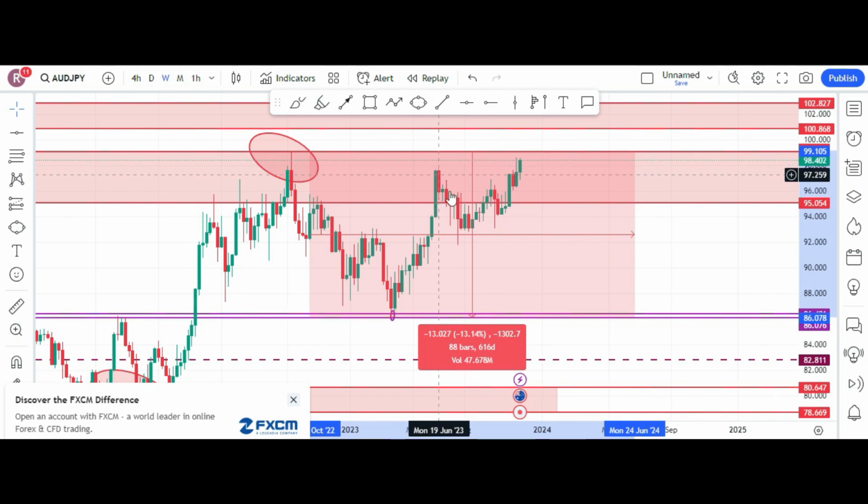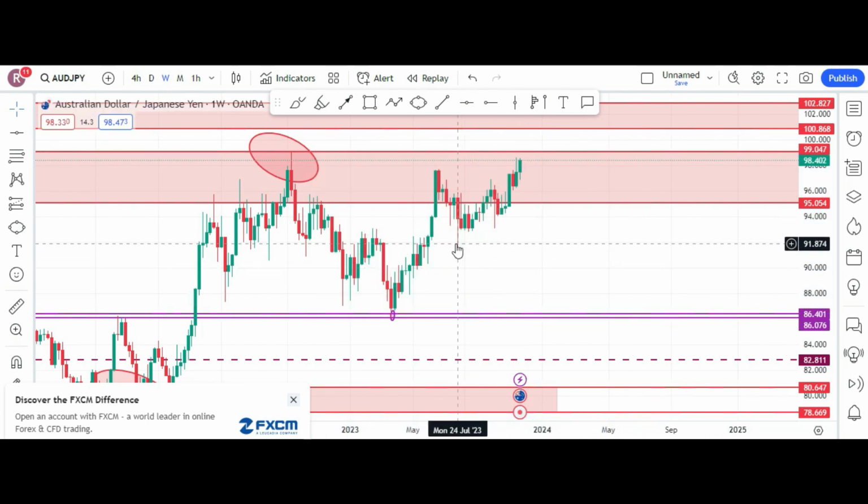Now it came down here, but if we measure the range, we can see that it is operating on 50% of the actual range, and it came back, retested the 50%, and started to move on. The reason it failed beyond this was this single candlestick.